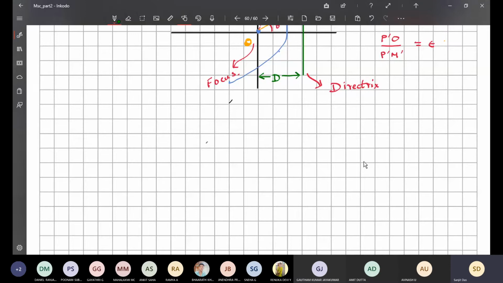You can check your +2 level book. I'm not going to derive that, otherwise it will be a class on that. Just have a look at it, it's not that difficult. I can write it as r equals p, a notation which, by the way, I have not given yet, I will give it soon, over 1 plus epsilon cosine theta.